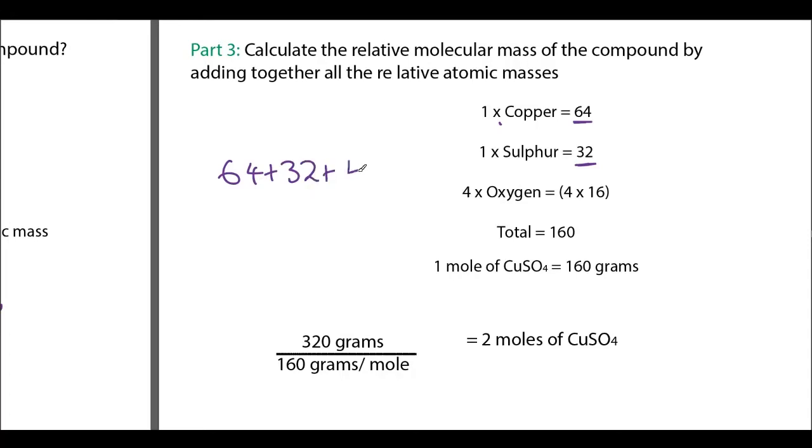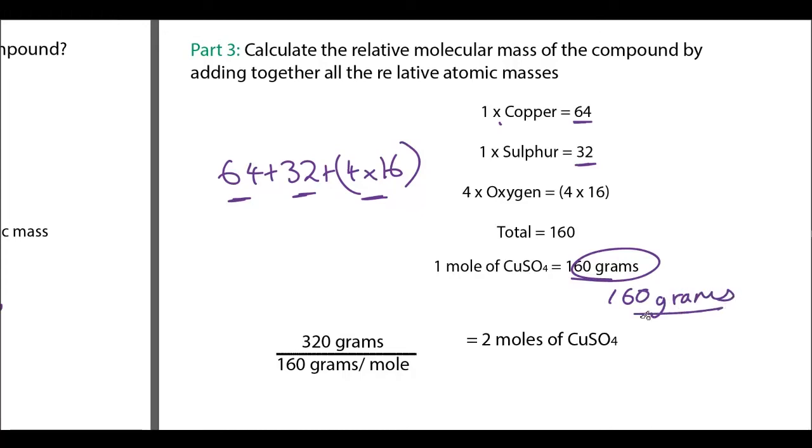So we do 16 times 4. So the full calculation is 64 plus 32 plus 16 times 4. So we say 1 mole of the compound copper sulfate equals 160 grams. I'm going to write the calculation on the front of my computer screen now so that you can see how I've derived that number.